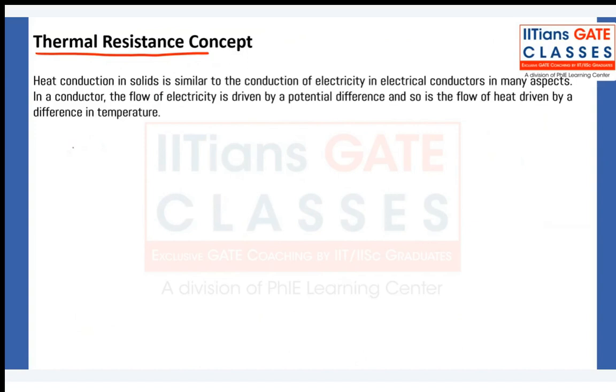So let's say, what is the electrical circuit? You see, if you maintain a voltage difference in an electrical circuit, because of this voltage difference, current I will flow, and this will be your electrical resistance. So according to Ohm's law, change in voltage is equal to I R electrical.